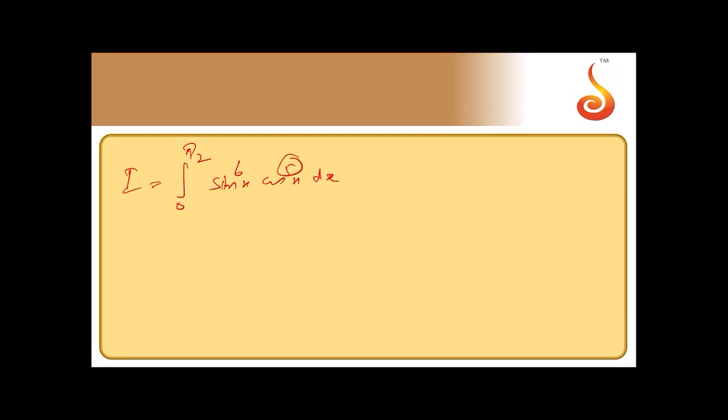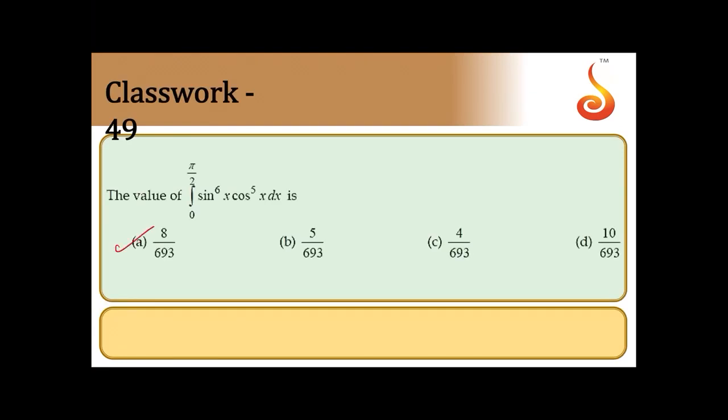As the power of cos is odd, we start from the formula: 5 minus 1 is 4 divided by 5 plus 6 is 11, multiplied by 4 minus 2 is 2 divided by 11 minus 2 is 9, multiplied by 2 minus 2 is 0, replaced by 1 divided by 9 minus 2 is 7. That is equal to 8 divided by 693. So the answer is 8 by 693, the first option.